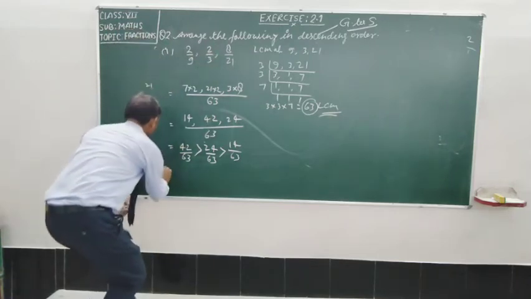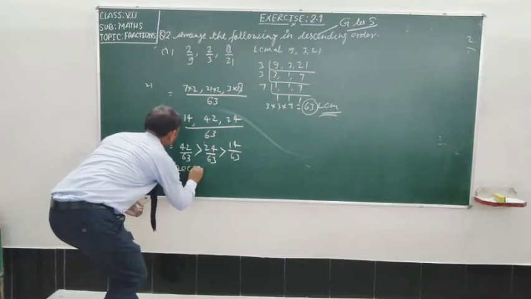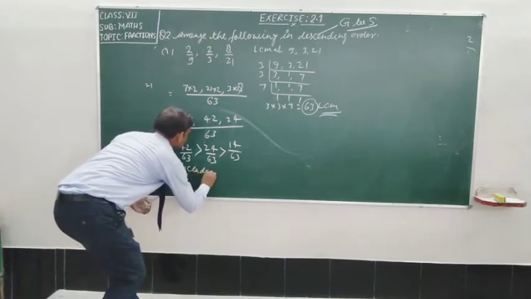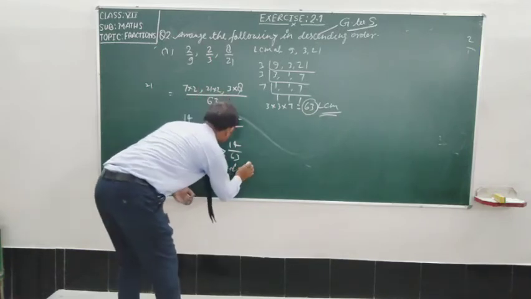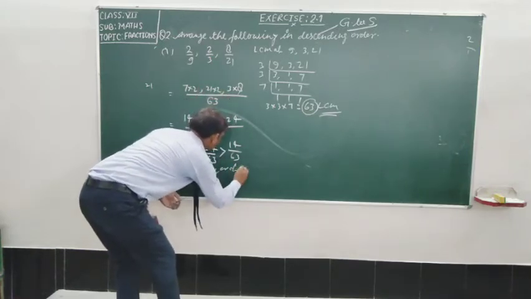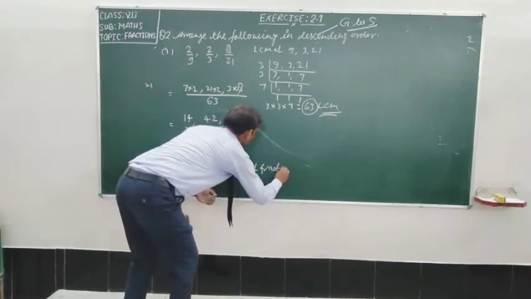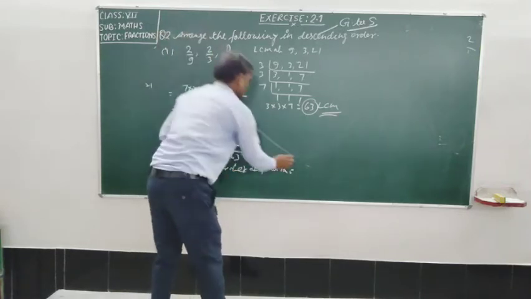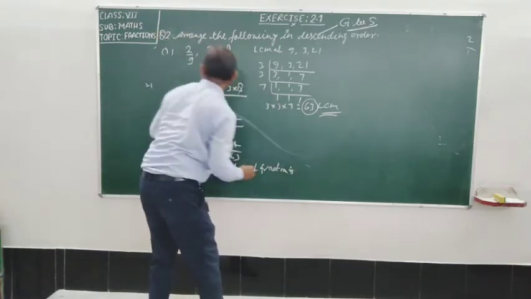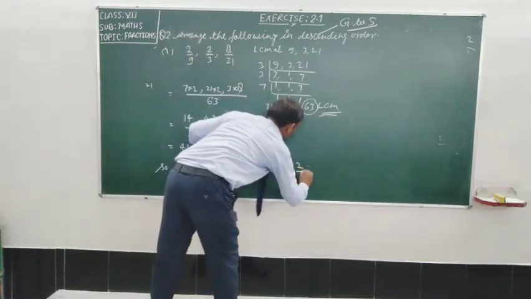So descending order of the fraction is 2 upon 3.